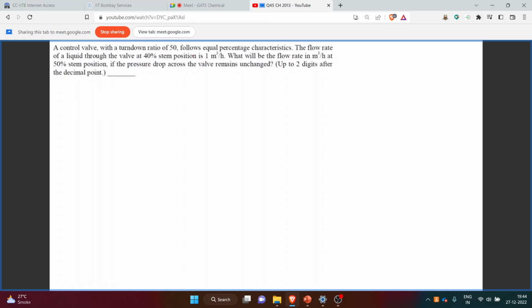So first of all, in the given question, we have been provided an equal percentage characteristic valve. So this means that the flow characteristics of the valve will be governed by the equation F is equal to F naught e raised to beta x, where F we define as the flow at this valve opening of x upon the maximum flow possible through the valve, that is Q upon Q max.